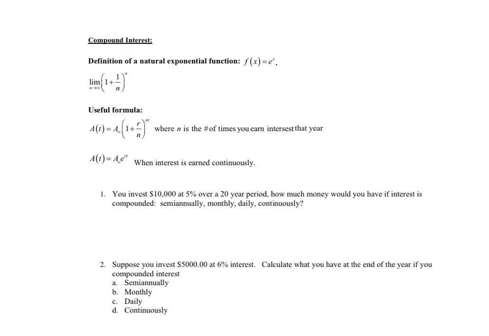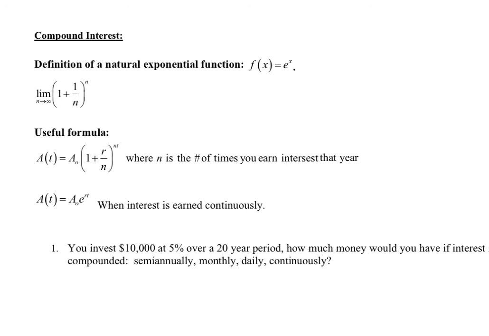The next type we have here involves some of our natural base. So we have here, first is the definition of e. We sort of talked about this a little bit already. We'll define it more specifically when we get to limits, but this is actually the exact value of e. And we're going to end up using these two formulas mainly for interest problems.